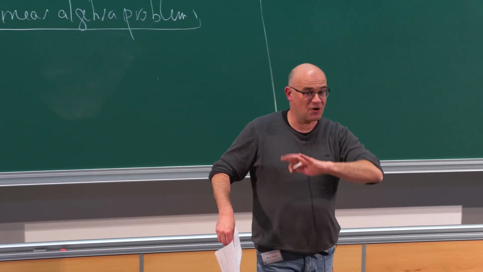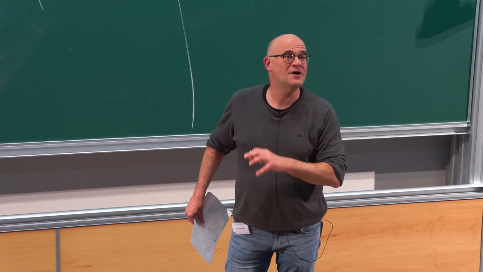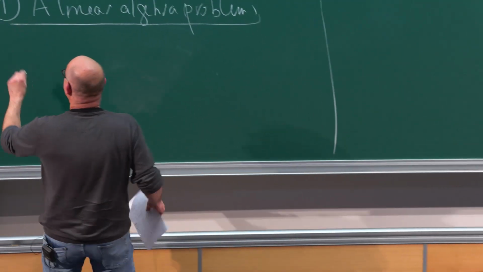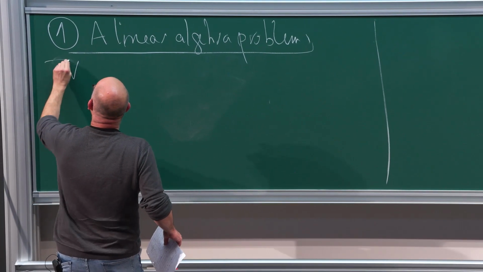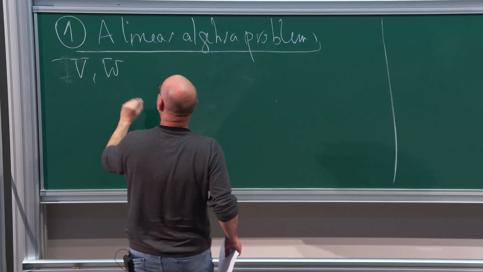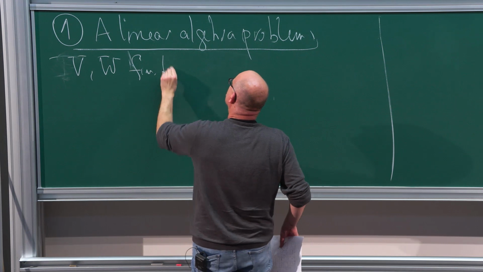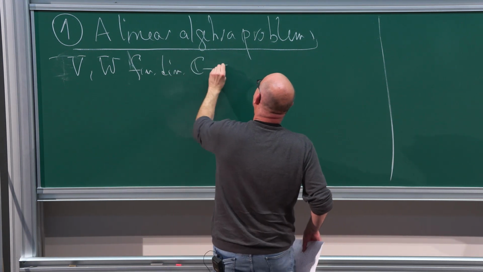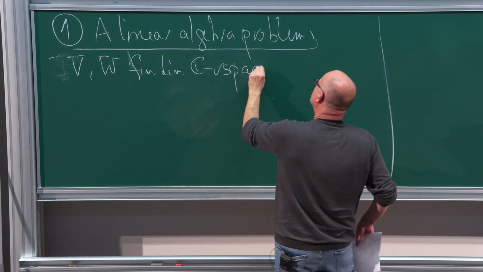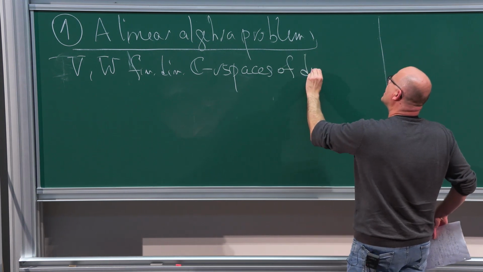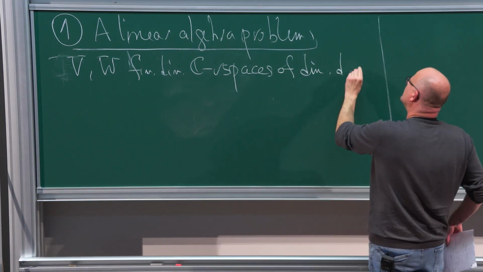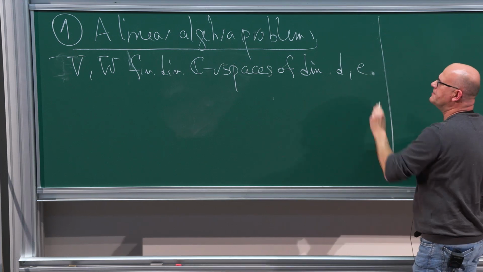So let's work over the complex numbers and fix two finite dimensional complex vector spaces. So let V and W be finite dimensional complex vector spaces of dimensions D and E respectively.